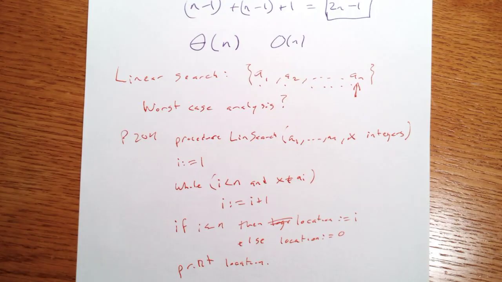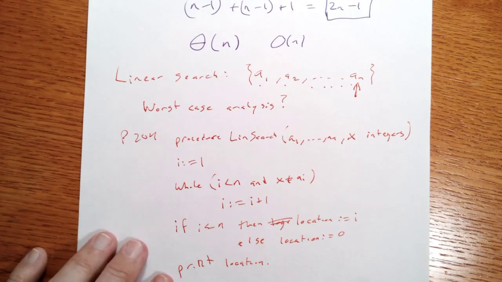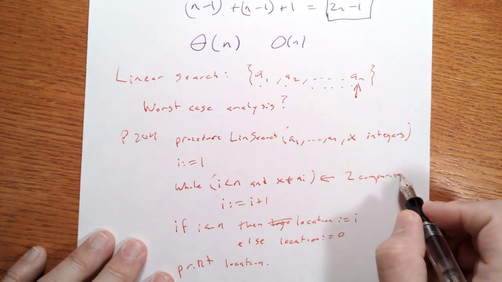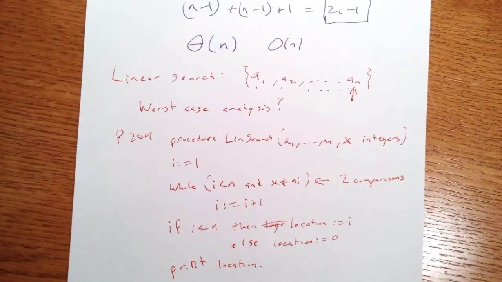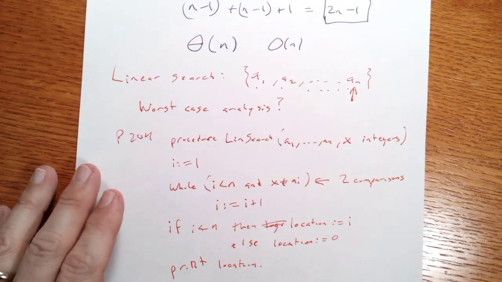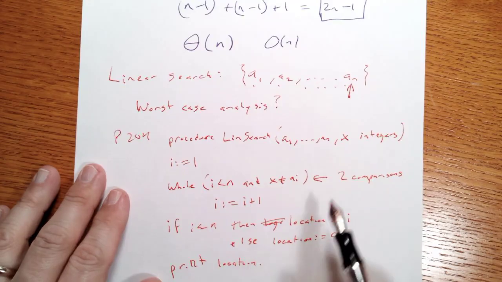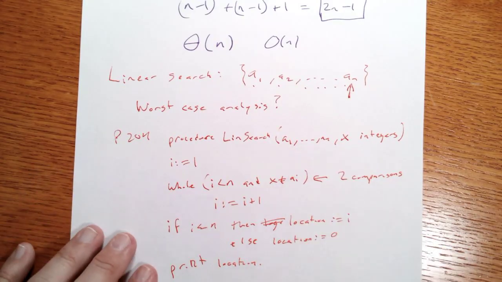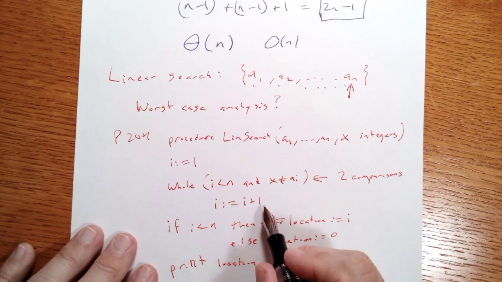So, how many comparisons am I doing? Here in this row, I'm doing 2 comparisons. I'm comparing i to n, and I'm comparing x to ai. This operation happens in the loop.